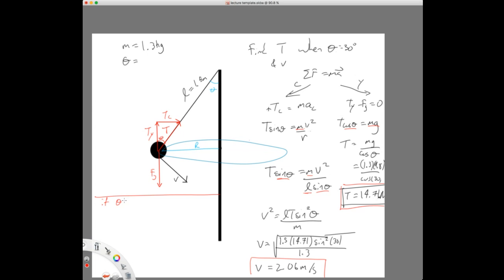If the angle were 85 degrees, then T would be 1.3 times 9.8 divided by cosine of 85. And that is 146 newtons.